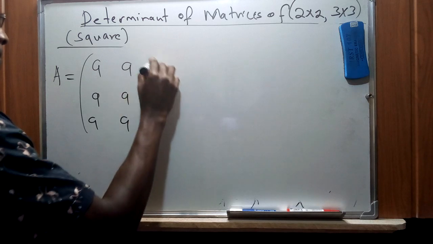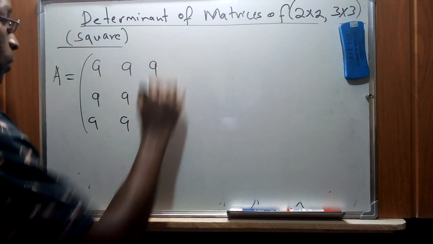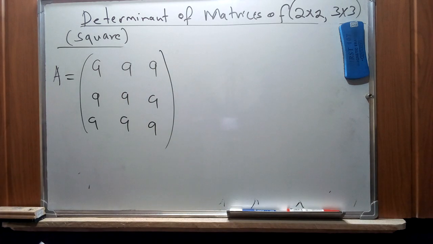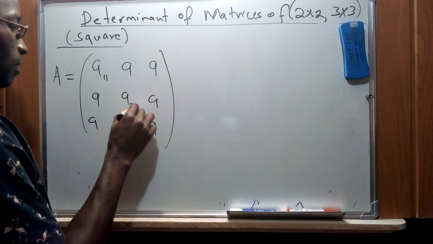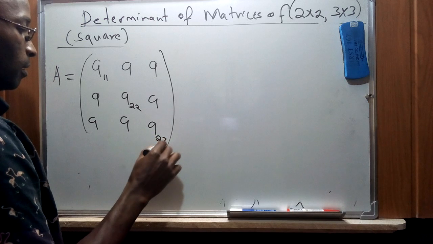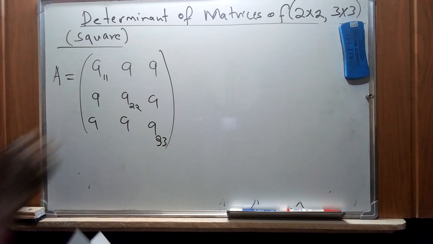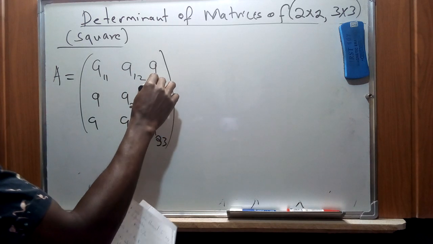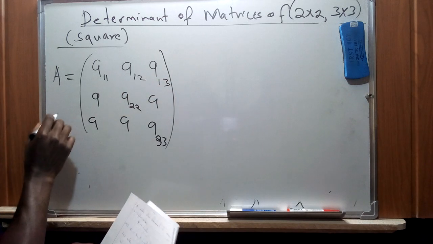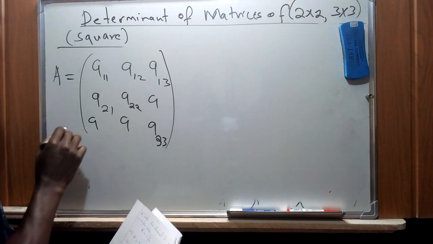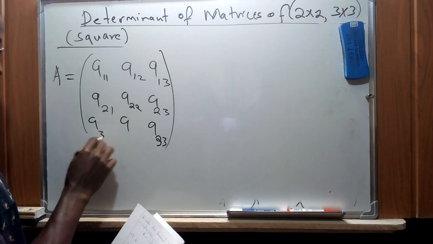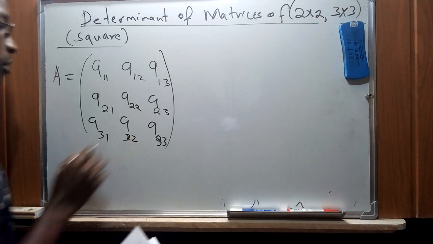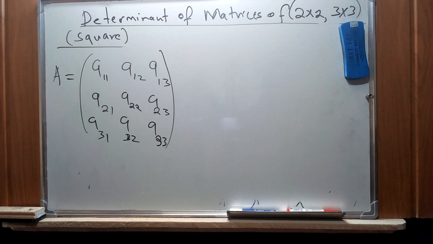I'm going to use the numbering of the positions of these elements: A11, A12, A13, then A21, A22, A23, and A31, A32, A33. Those are the specific row and column positions of this matrix.